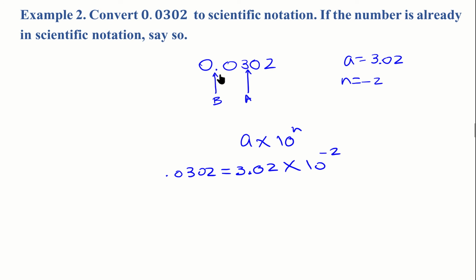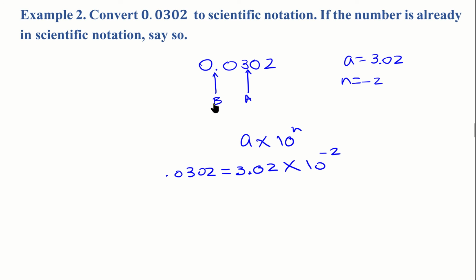So always the same procedure. Scan from left to right. Stop after the first non-zero digit, and that's going to create your new number. So that's going to be your A, 3.02. Now, place a marker at the original location of the decimal point, which was right here.